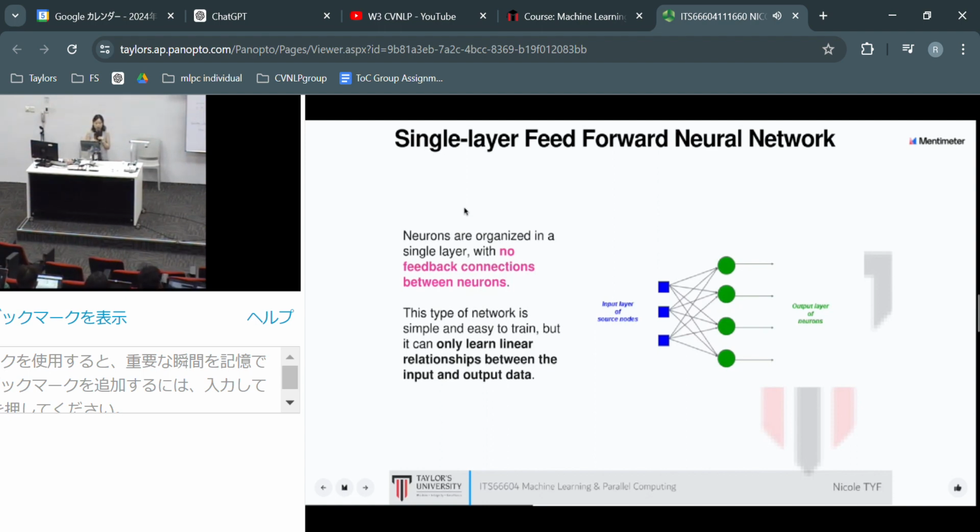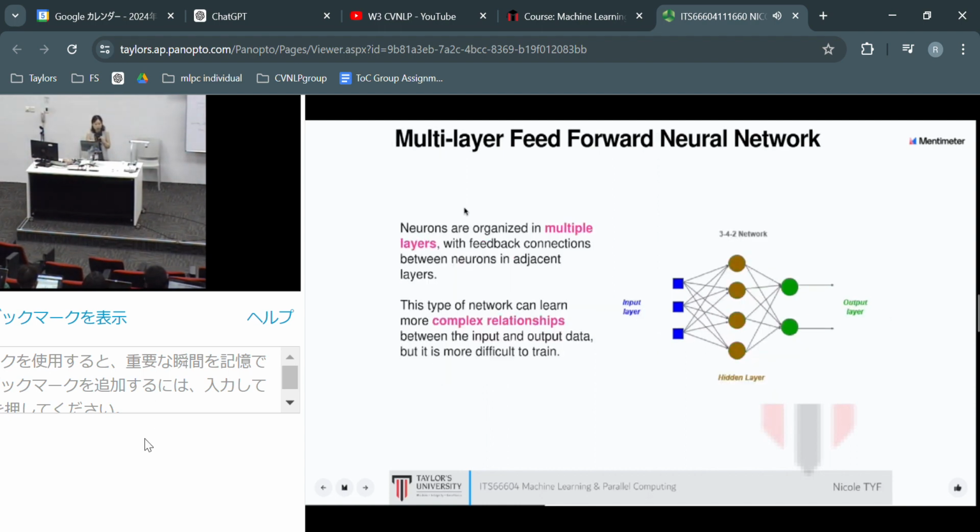Then, multi-layer feed-forward neural network is one of the most frequently used ones nowadays. These neurons are usually organized into multiple layers. Basically, all of the neural networks are organized in multiple layers. What is different between this multi-layer feed-forward neural network and the single-layer one is that it has feedback connections between the neurons in adjacent layers.